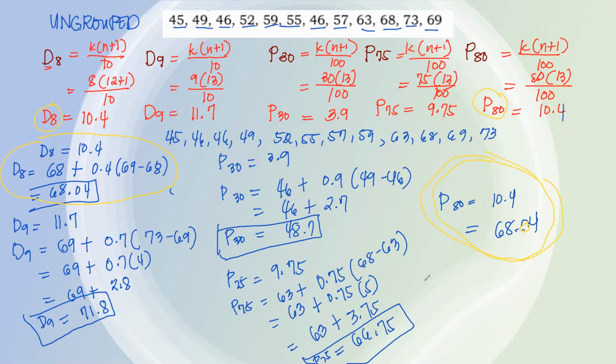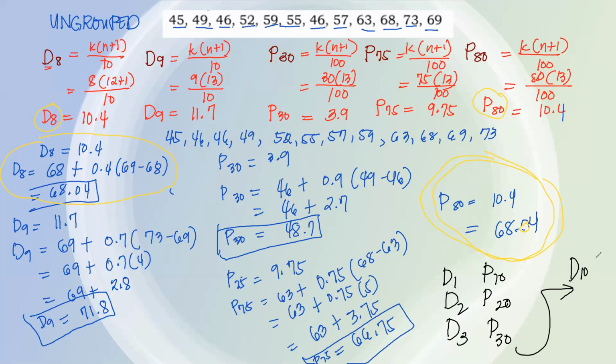It's like D sub 1 is the same as P sub 10, D sub 2 is the same as P sub 20, D sub 3 is the same as P sub 30, and so on, until D sub 10 is the same as P sub 100.